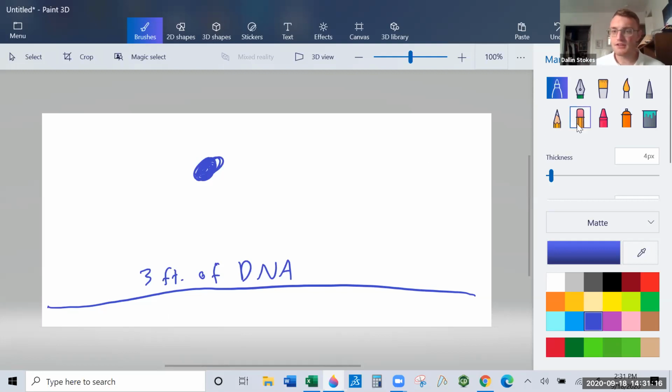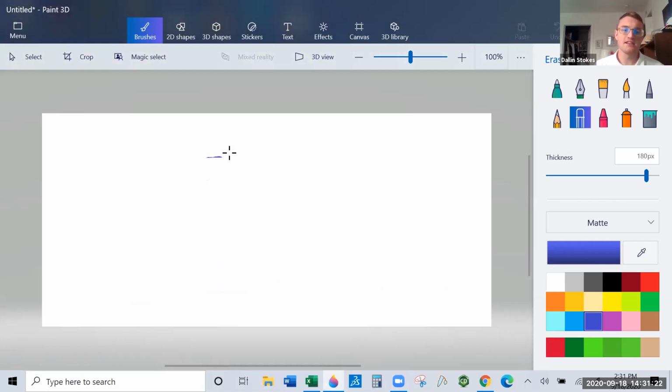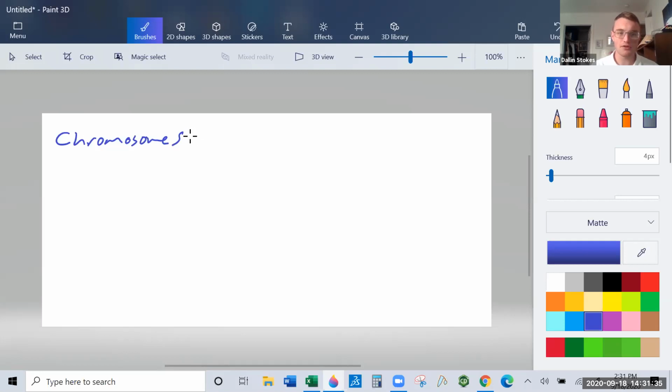It turns out that the cell, in order to better organize the DNA, has split the DNA up into big long pieces of DNA called chromosomes. So a chromosome is just a big long string of DNA.